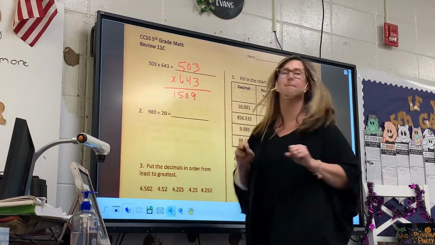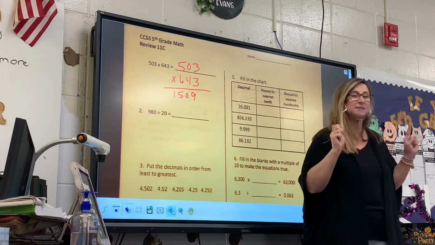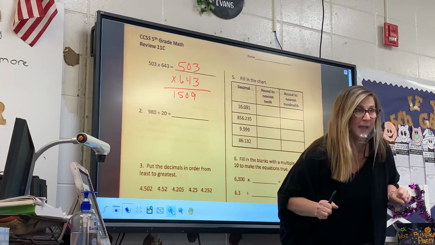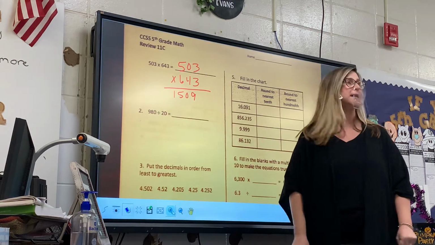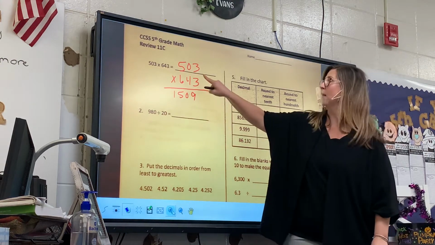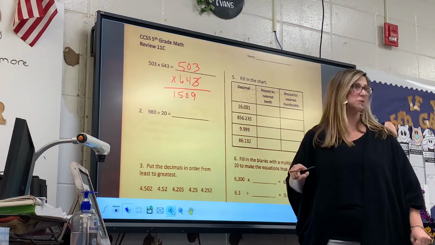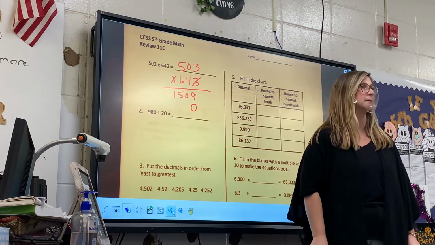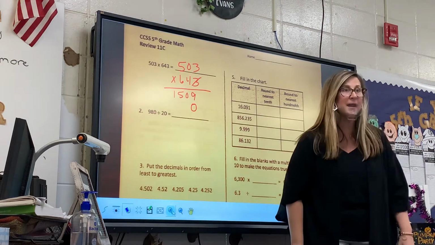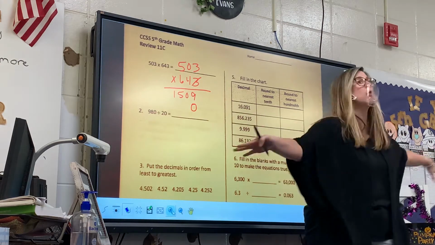Do y'all agree with that? I do too. Okay, next step. You're writing all this down just like I am, right? Next step, I've got to cross out what I've multiplied, which is the 3, and put a 0 because I move over to multiply times the 10. If you're not doing every bit of that, you're not ever going to get it right.